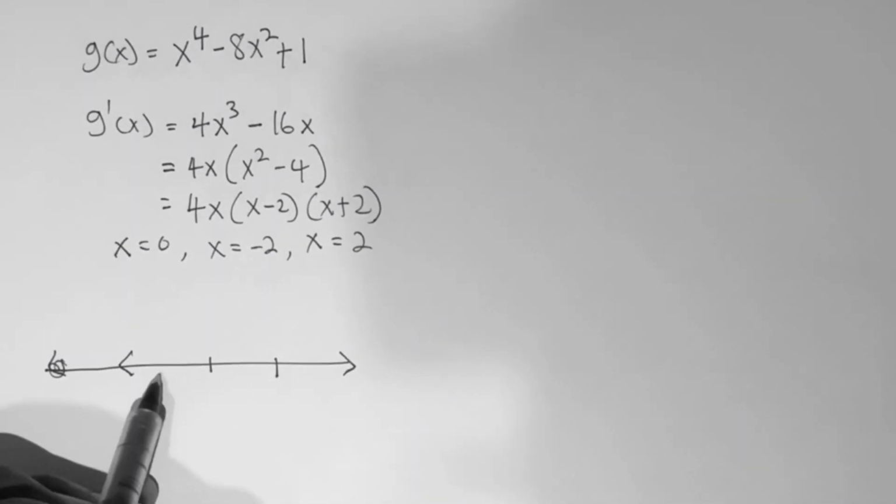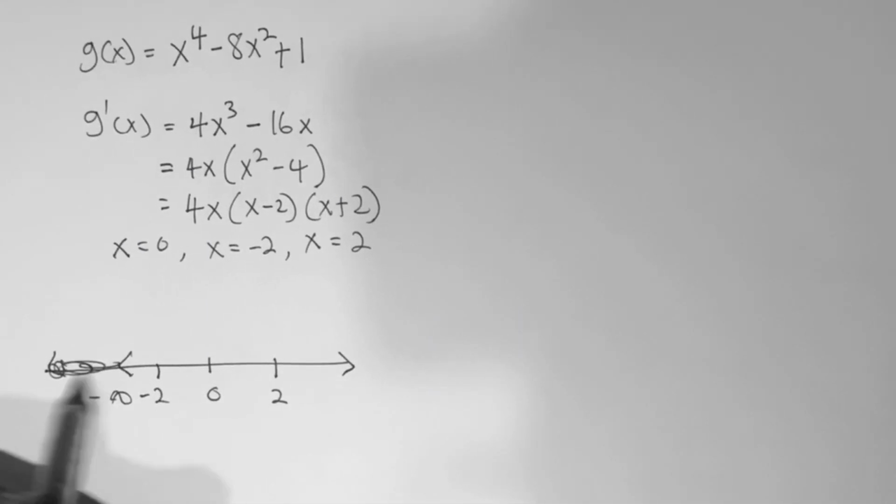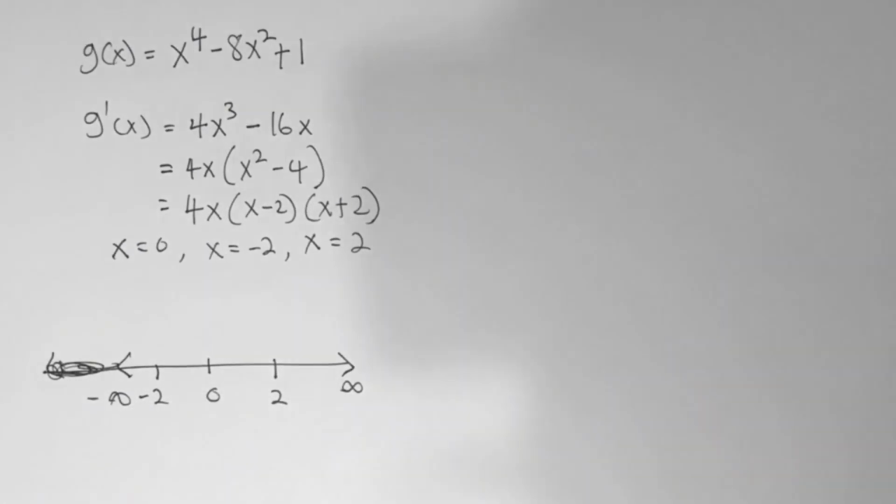So we have minus 2, 0, and then 2. Then here's minus infinity. So now let's take values less than minus 2. For example, minus 3.